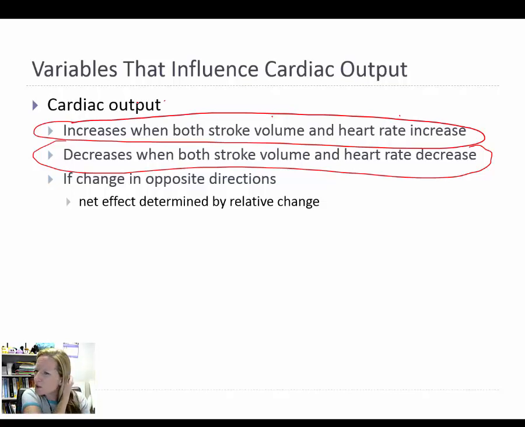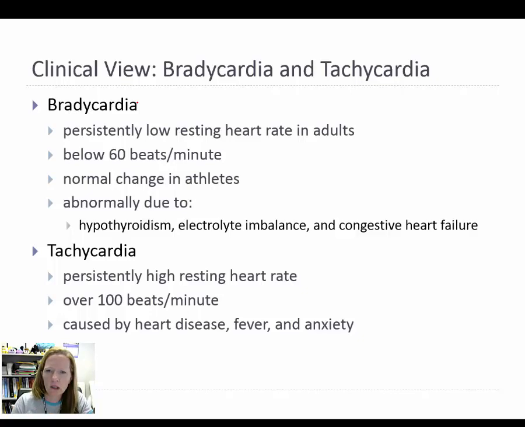So, talking about heart rate, let's take a look at the different heart rates. Whenever you have a persistently low resting heart rate, that's bradycardia, under 60 beats per minute. Again, this can be normal in athletes, but if you're not an athlete and you do have bradycardia, it can be from hypothyroidism.